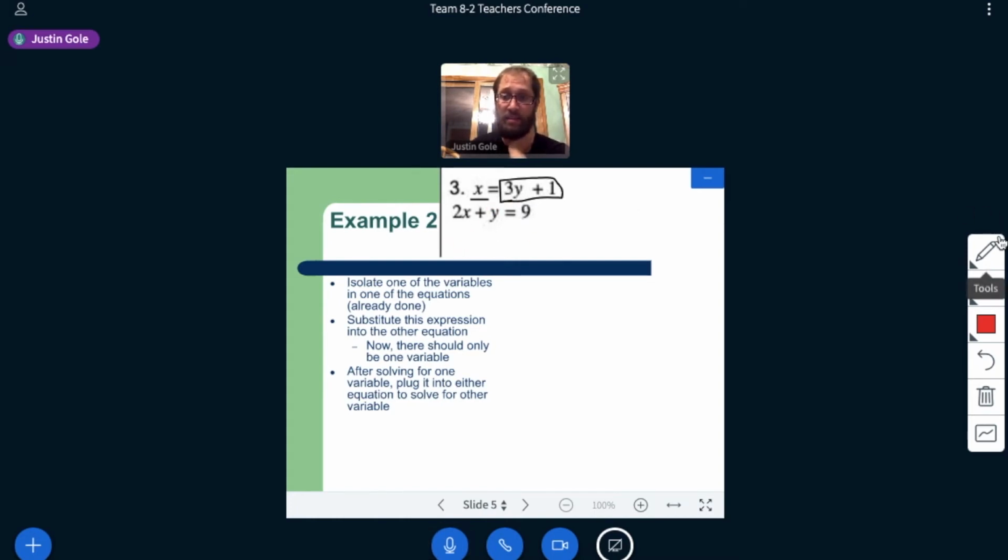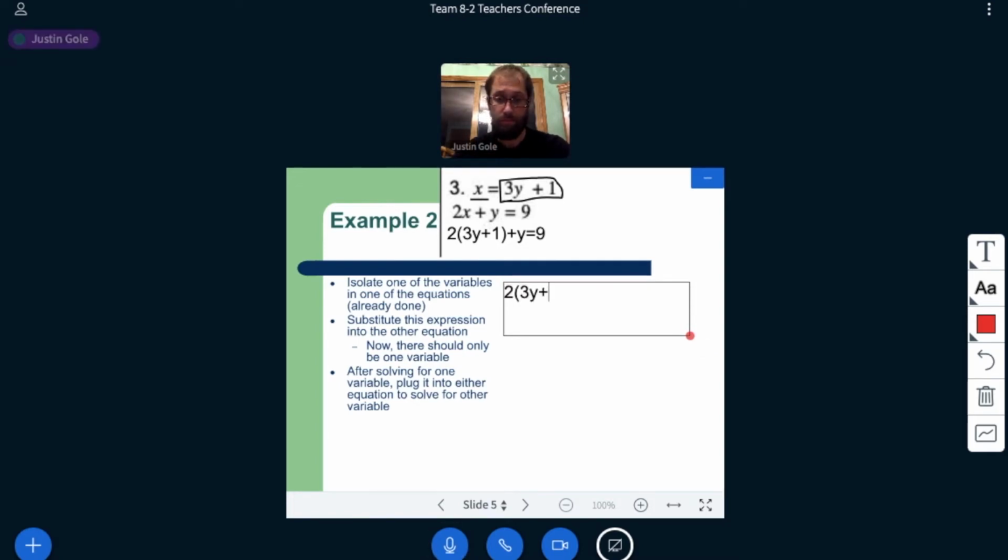So this time, what we're going to end up doing is 2 times, and we're going to substitute this whole expression in for x, plus y equals 9. So I want you to pause and take a minute to try and solve for y.